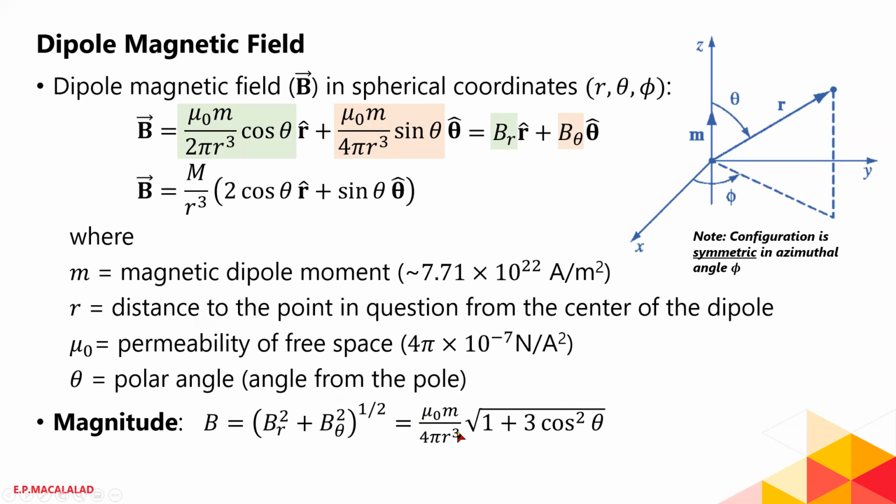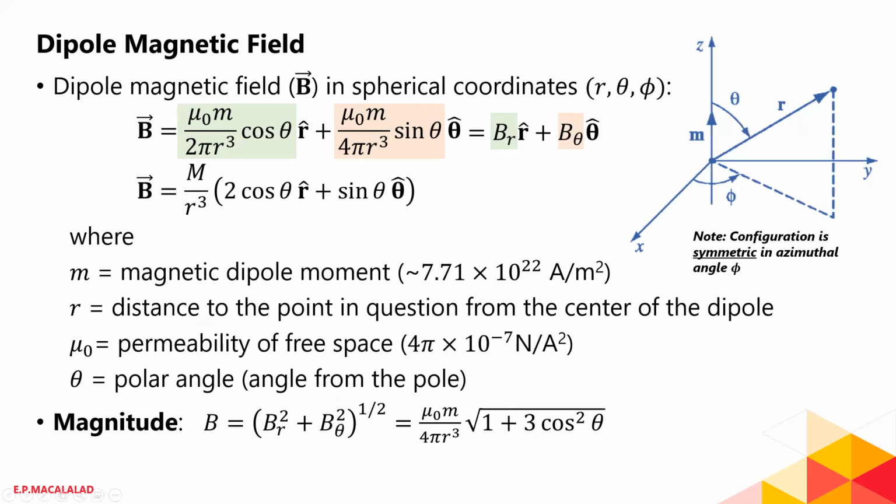So if you're going to talk about the surface of the Earth, the radius is about 6,700 kilometers. So that's 6,700 times 10 to the 3 meters. So we cube it, and then times 4 times pi.